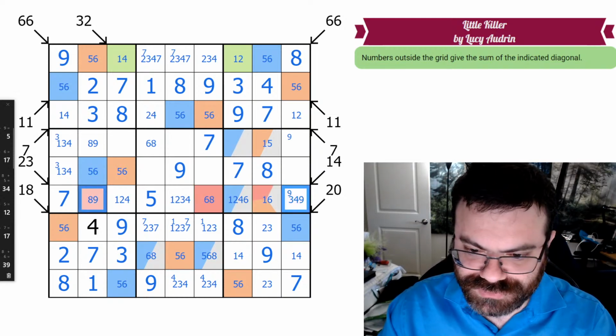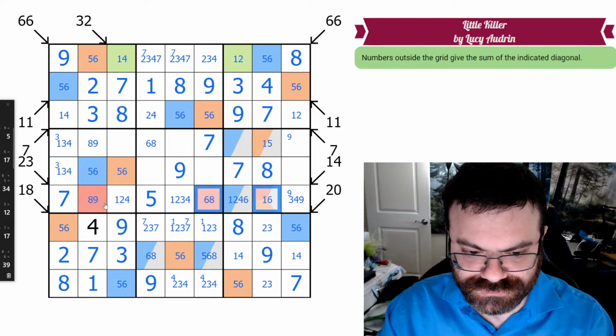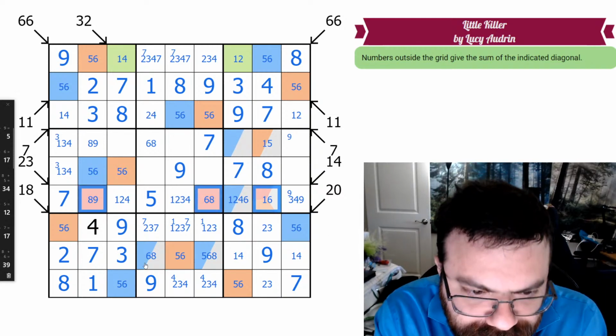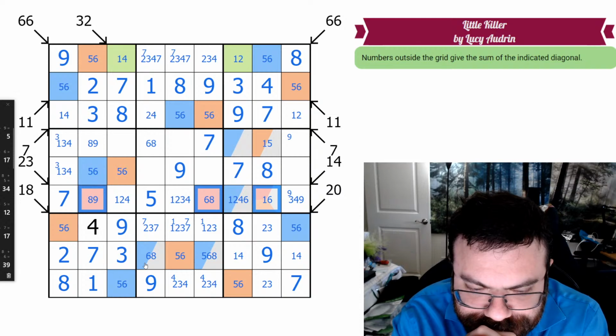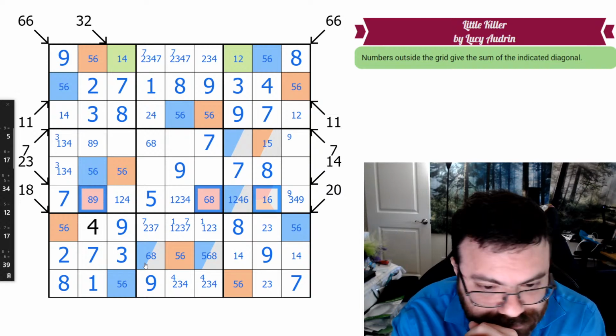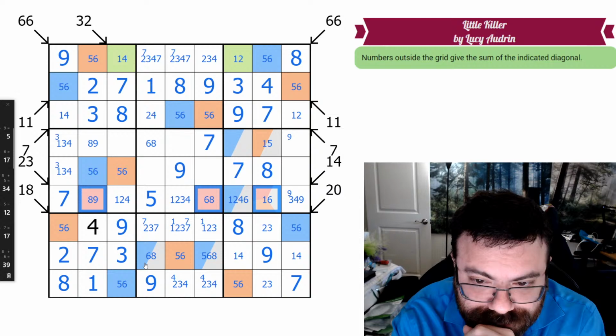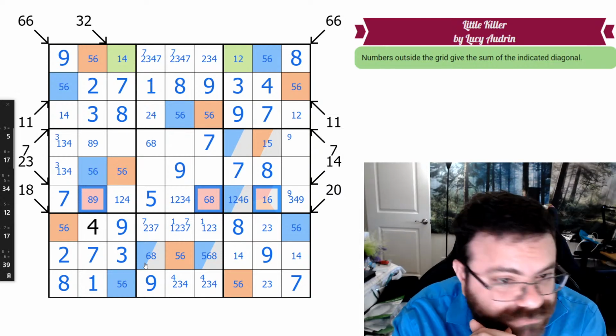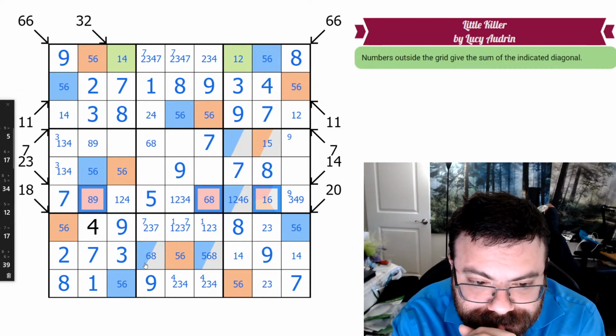Get rid of these purples. Give me a sec, I'm staring at stuff.